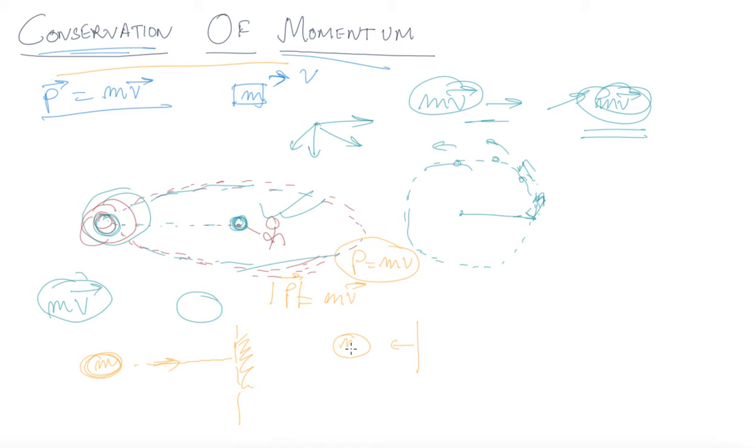That is, it's moving in the opposite direction, that is minus v. If it's traveling with velocity v in this direction, then it's traveling in the opposite direction after striking. So by conservation of momentum, mv will always be equal to m into minus v. That is, the value will always be equal.